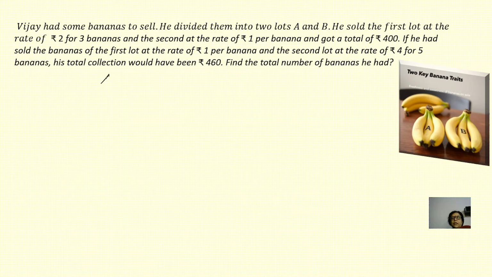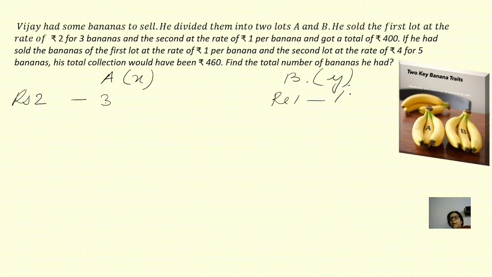So let's say that this person has two sets of bananas, A and B. In the first category, supposing he has X bananas, and in the second category, he has Y bananas. In the first case, he is selling the first type of banana at 2 rupees for 3 bananas, and the second at the rate of 1 rupee per banana.